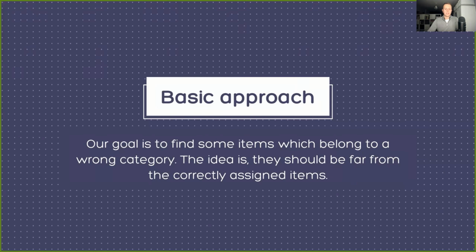And the basic approach that came to my mind was to just simply calculate the distance from every single product to every other one, and find those ones which are furthest from each other. And that could possibly work. But it seems like there are some better ways of how to do it.